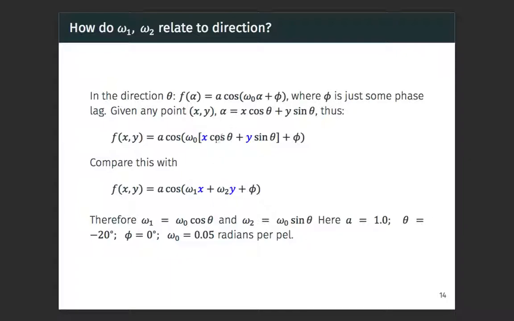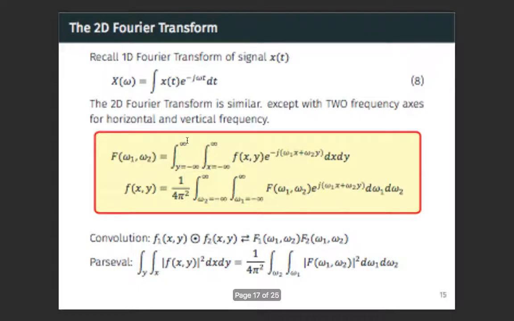If you write it this way, then it becomes clear what's going on. You really have this direction theta, which is the direction of your wave, and you have a base frequency, which is this omega 0. A small point to say, these two terms, omega 1 x and omega 2 y, still yield just one wave, but with a direction on that wave.